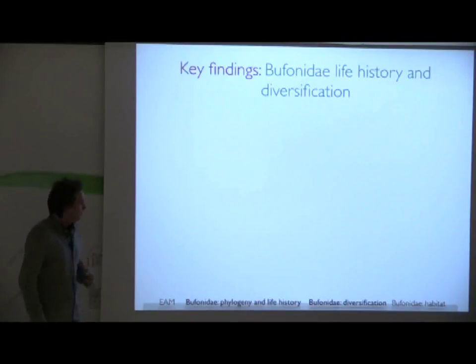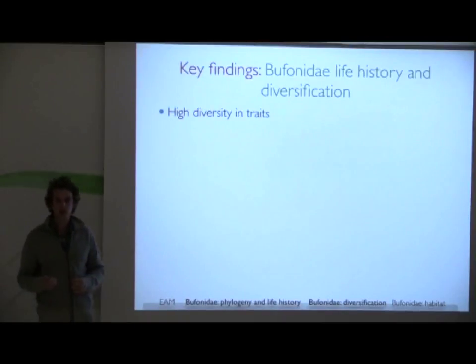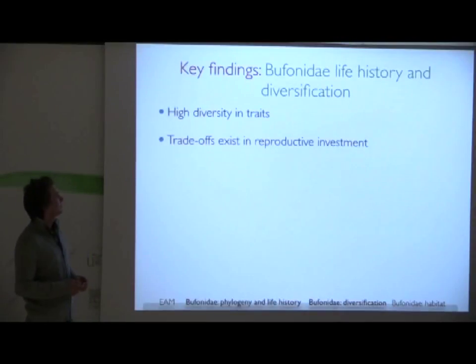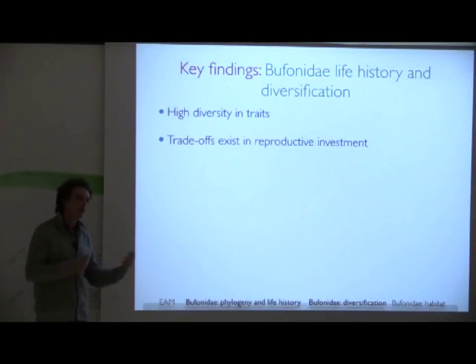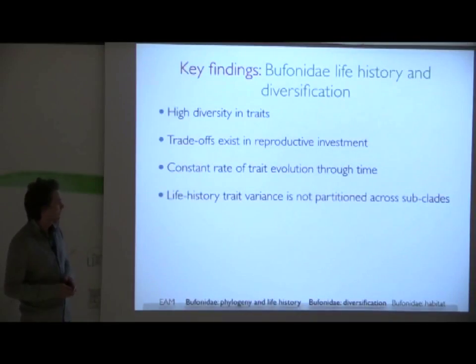So to summarize these last two sections, we do find a high diversity in traits and reproductive modes in bufonids, but there's a trade-off, as most of us are familiar with. So there seems to be an investment either in large clutches or in large eggs. And traits have evolved very constantly over time and also across subclades.